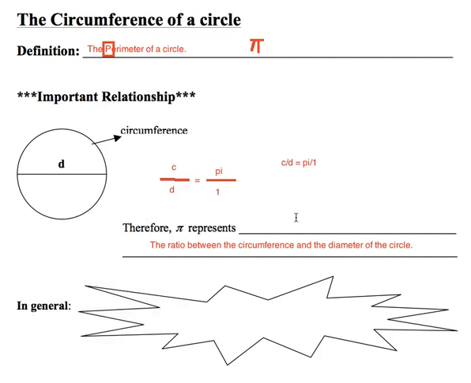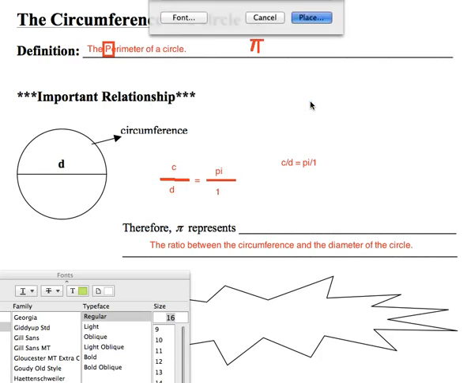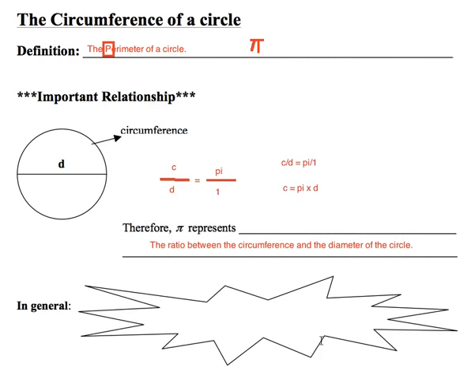Then if I just cross multiply, I get 1 times C, which is C, is equal to pi times the diameter, which brings us to one of our important formulas.